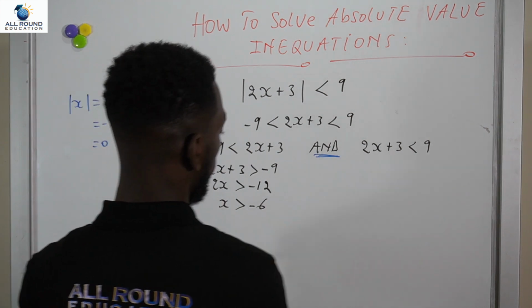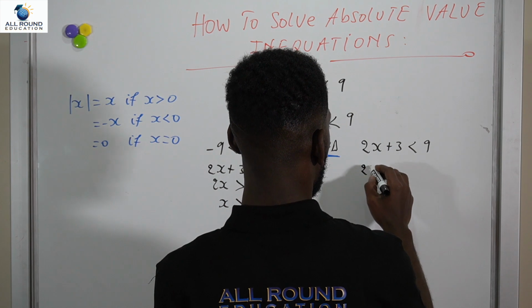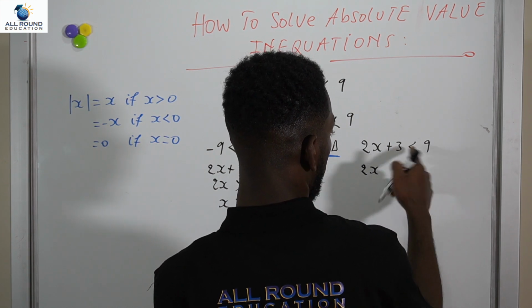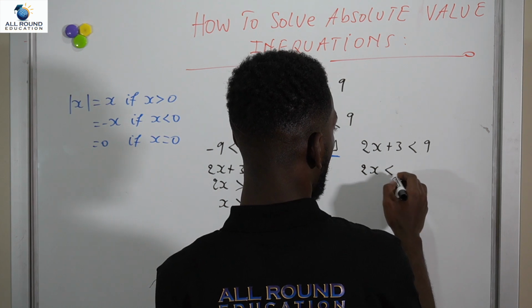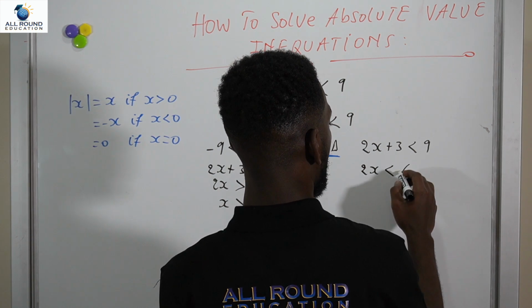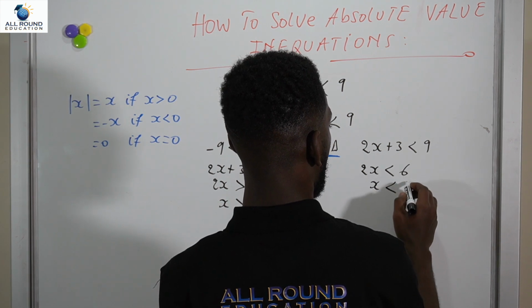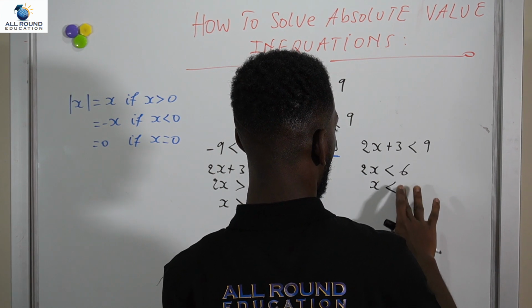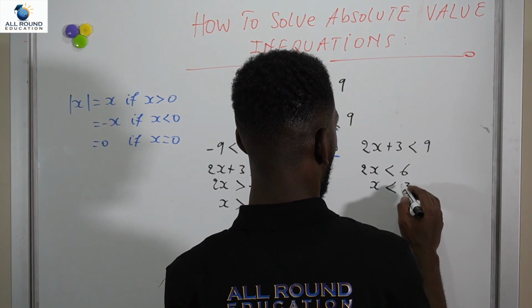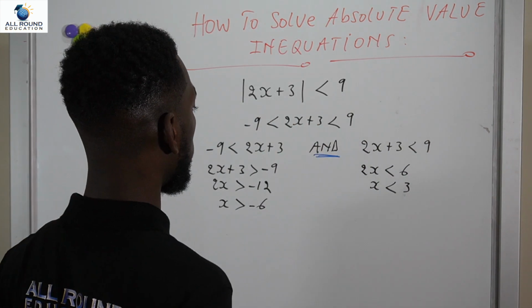This is our first interval. Now the second part: 2x plus 3 is less than 9, subtract 3 on both sides, and you have 2x less than 6, so x less than 3.